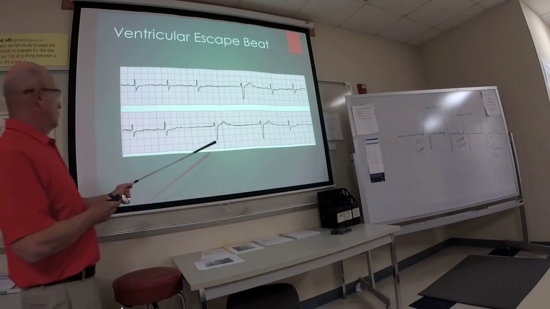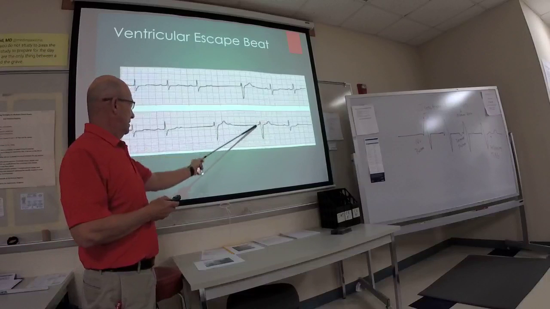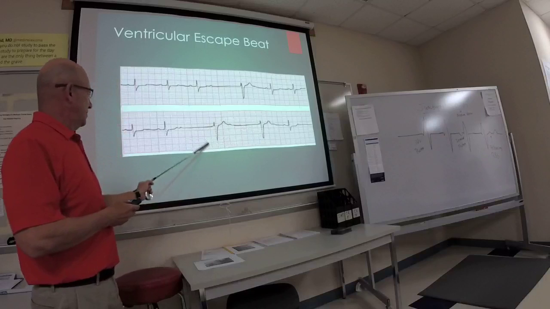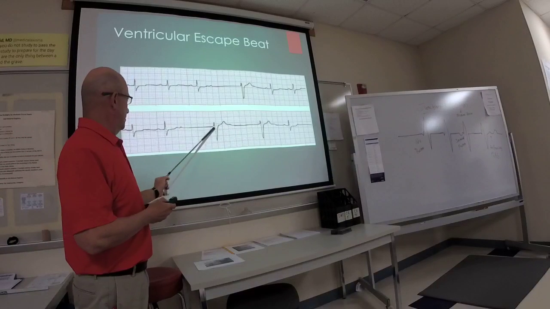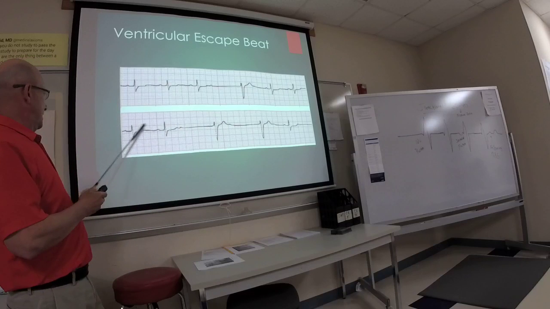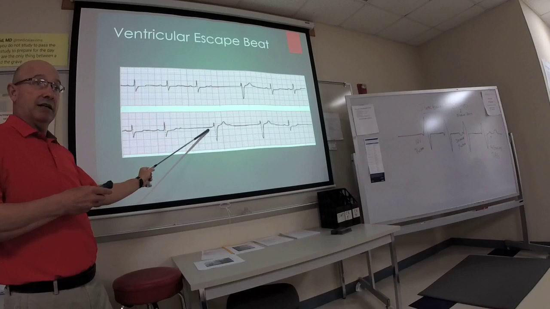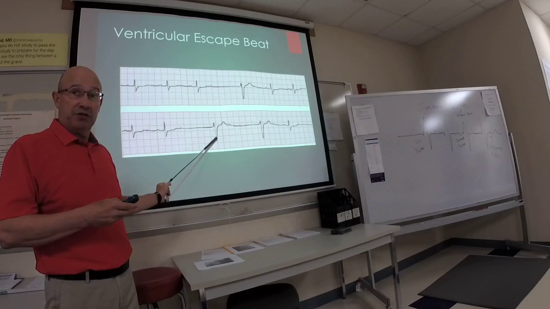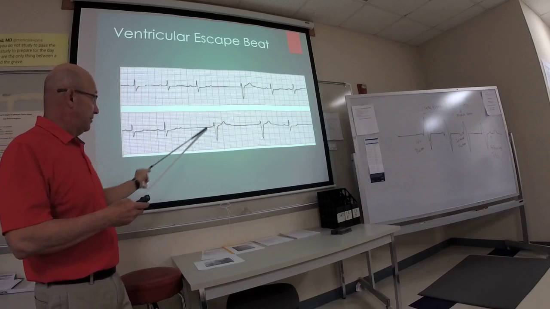And then the same here. You have 2 actually. But now here's the escape beat. This is a PVC. Well, these are both PVCs. So you're going along sinus, all of a sudden something takes place, the SA node is knocked out, the junction is not responding, the AV node is not responding.